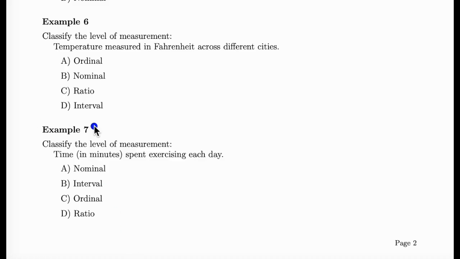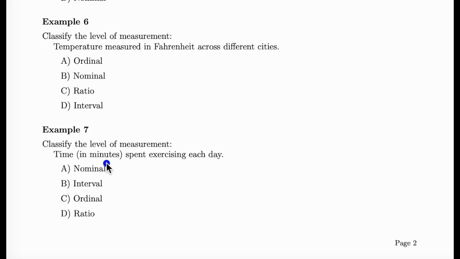All right, example 7, the last one. Classify the level of measurement: time in minutes spent exercising each day. Time in minutes is something that's measured, so we know it's a numerical value, which means we're going to be using interval or ratio. Now, to narrow it down, we have to ask ourselves, is there a true 0?